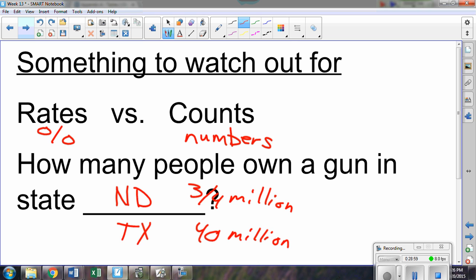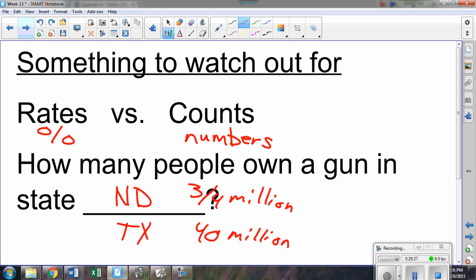Is it fair to compare 750,000 people to 40 million people, just in terms of raw numbers? Because even if we had 100% every single person in North Dakota owning a gun, if 2% of people in Texas owned a gun, they'd still beat us in terms of raw numbers.